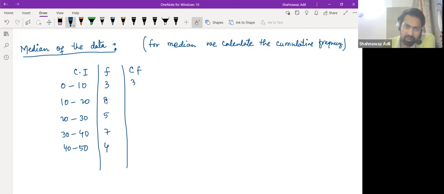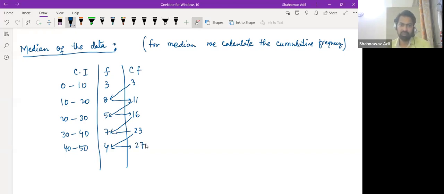So 8 for the preceding one is this one, so you add these two. So this is 11, and then you add this 11 with 5. So this is 16, and then you add 16 with 7. So this is 23, and then you add this 23 with 4. So this is 27.